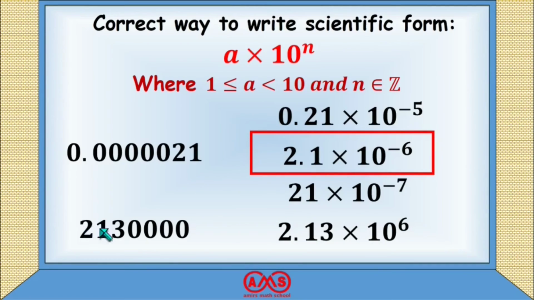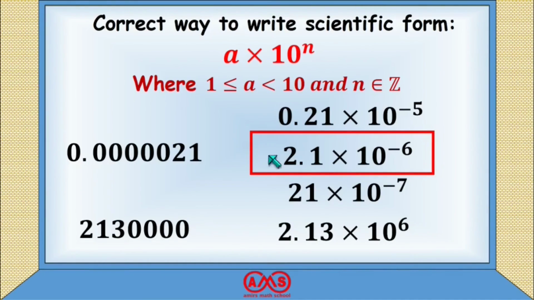That is 2.13. This one is between 1 and 10 and the value of n is 6, which is an integer. So how can we write this one? You see here how we get this value. In this number the decimal point is here, and in scientific form we just put the decimal point after 2.